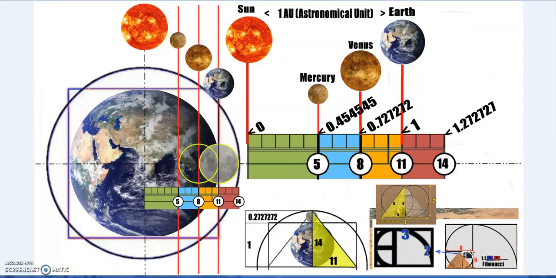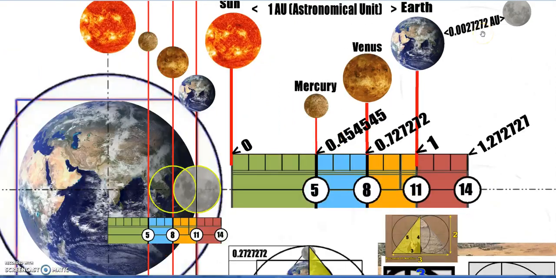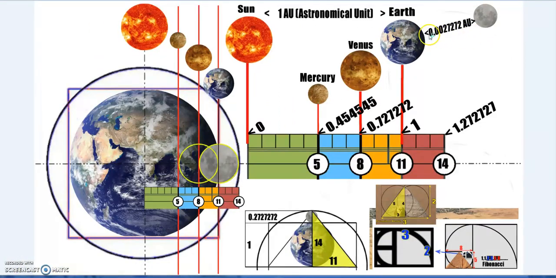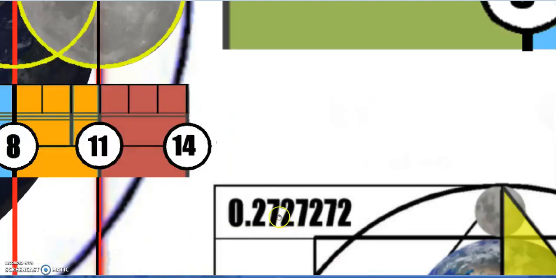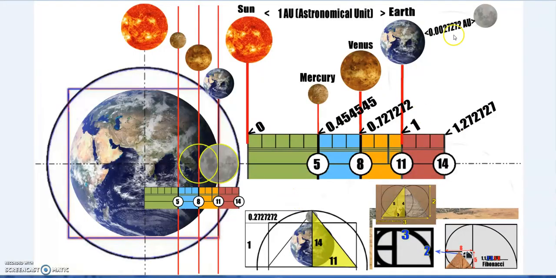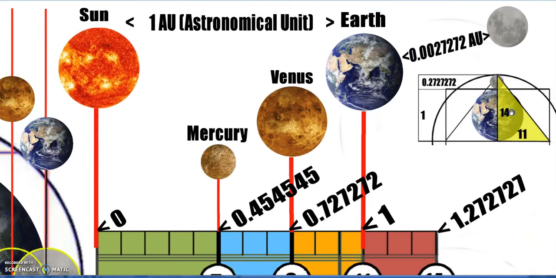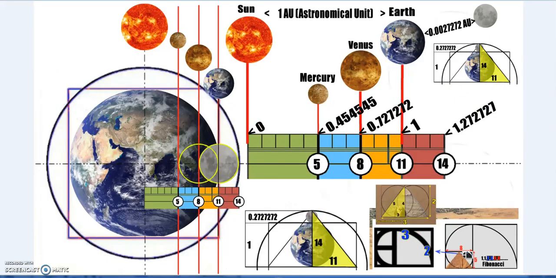Now the next planet would be Mars. Okay, well now the Moon. Towards its maximum distance from the Earth, the Moon will be 0.0027272727 AU. That same proportion, it's just a shifted decimal place. Now, we see the proportion of size in relation to the proportion of distance.